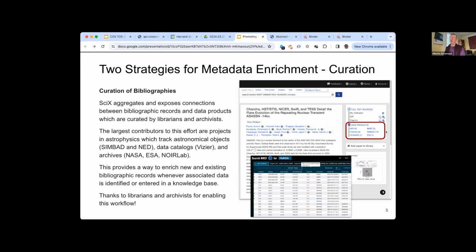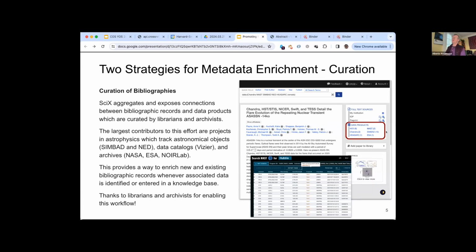The other way in which we aggregate and link data to existing records is by collaborating with a number of curators that work at different archives and data centers. This is how data had traditionally been linked to the literature in astronomy. There are people whose job it is to track how their data has been used in the literature at astrophysics archives hosted at HEASARC, Chandra, the Space Telescope, IPAC and JPL.